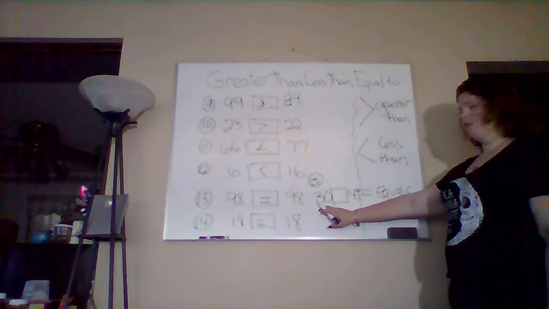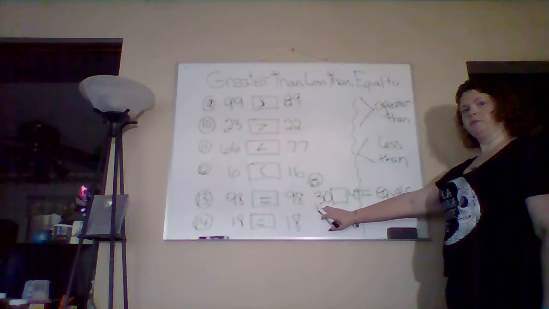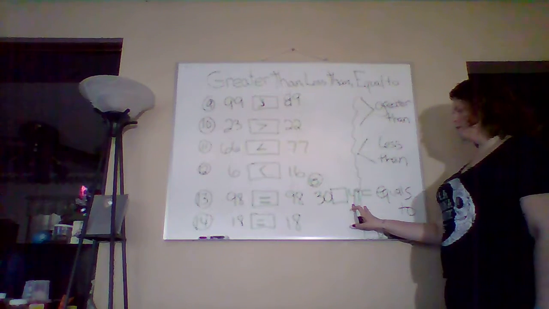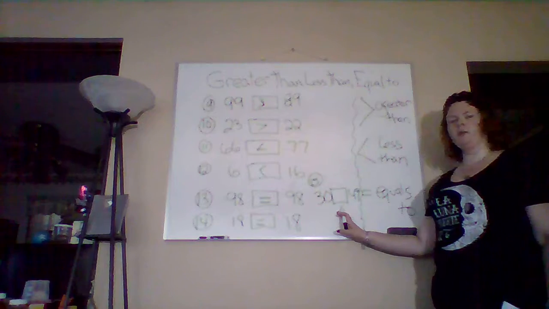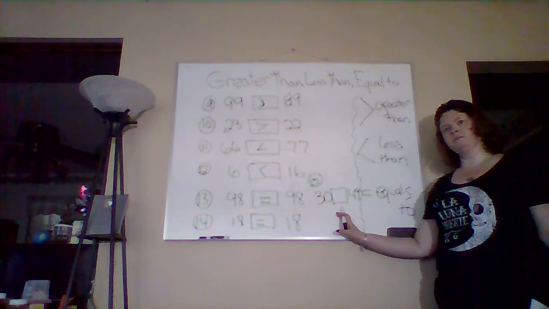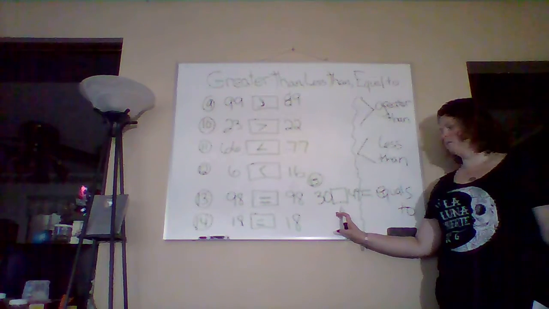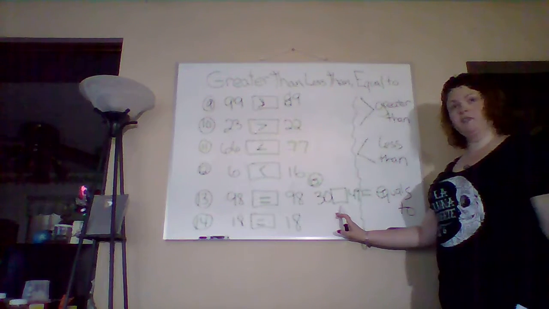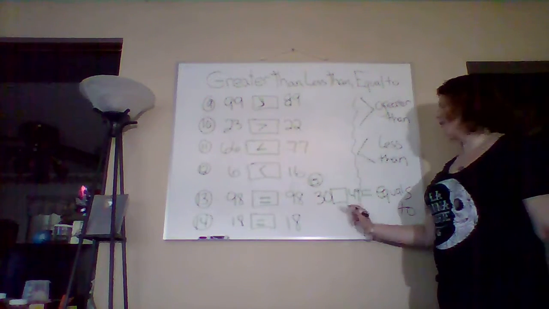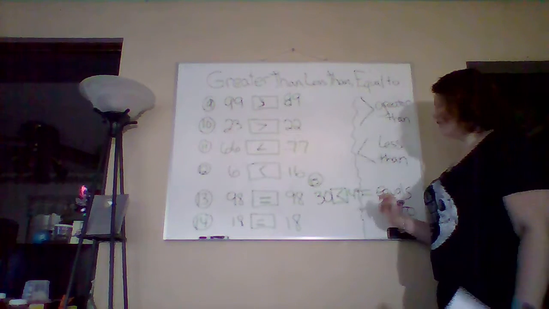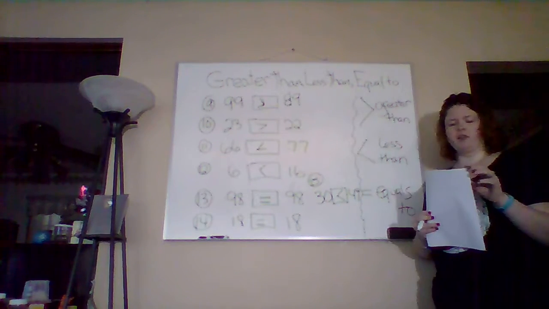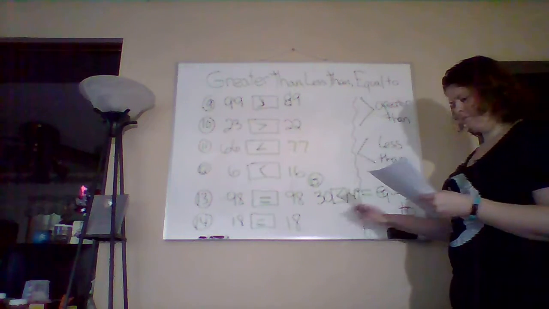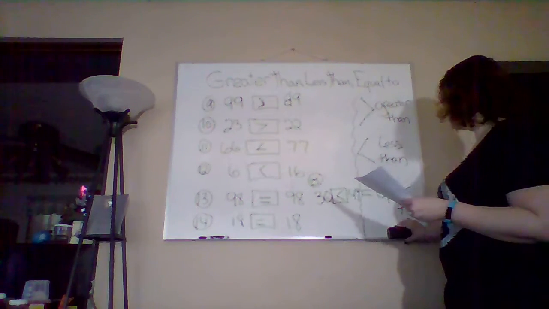We have 30 and we have 49. So which symbol are we going to put in between? Less than. I'm sorry? Less than. Do we all agree? Yes. Good. Less than. That's great, guys. You guys are super smart. I'm Ryan, just so you know. Hi, Ryan.